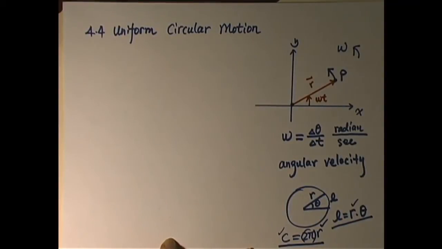Therefore, we use 2 pi to represent the angle for one revolution. That 2 pi has a unit of radian.